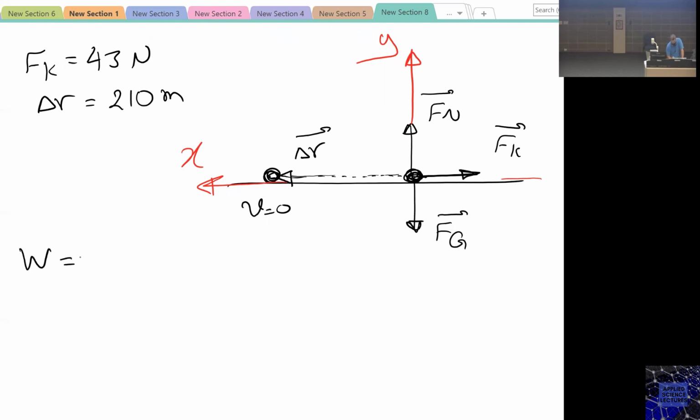What is the work? The work is due to the frictional force. I have the work as Fk times delta R times, what is the angle? Can somebody tell me what is the angle between the frictional force and the displacement? 180 degrees, look.